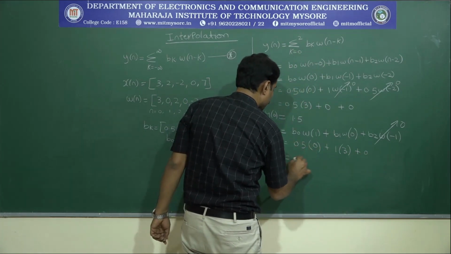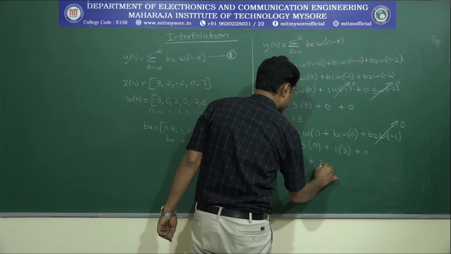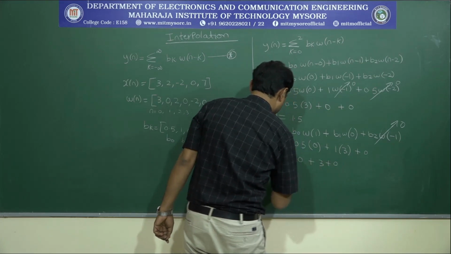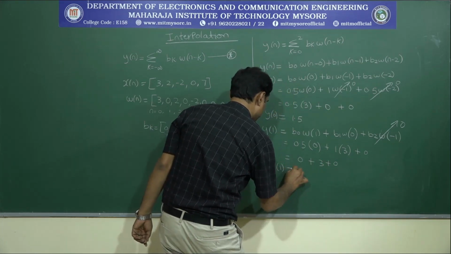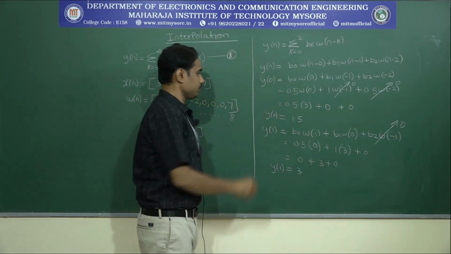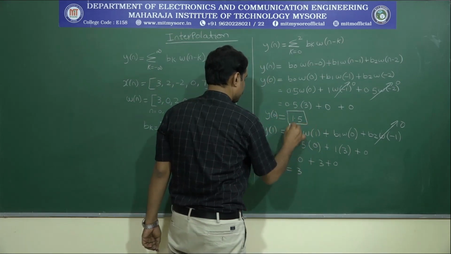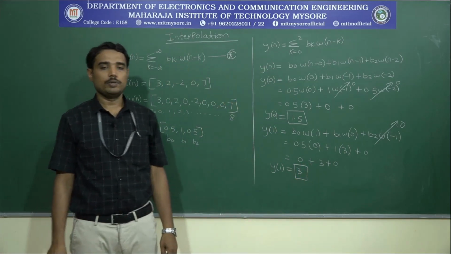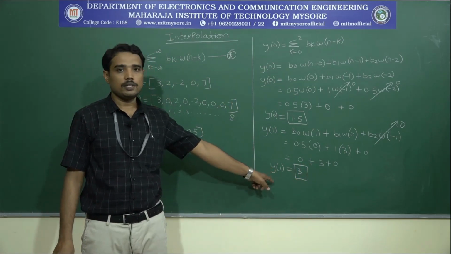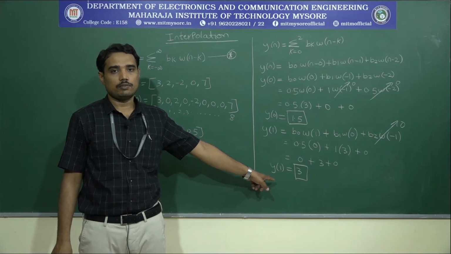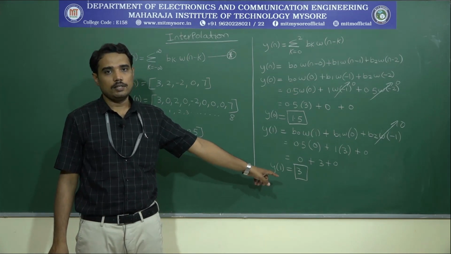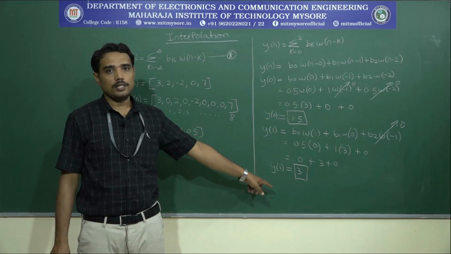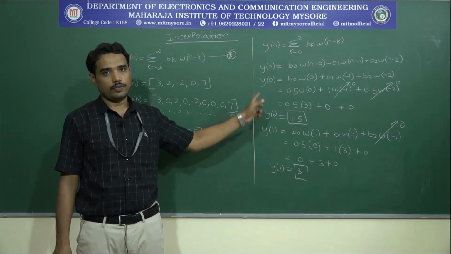Here it is 0 plus 3. The y of 1 is taking a value of 3. Like this, you have to compute the rest of the values, that is from y of 2 to y of 8. Then we are going to get the output sequence y of n.